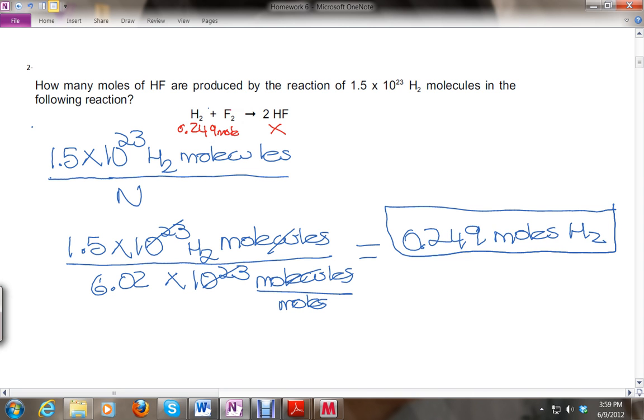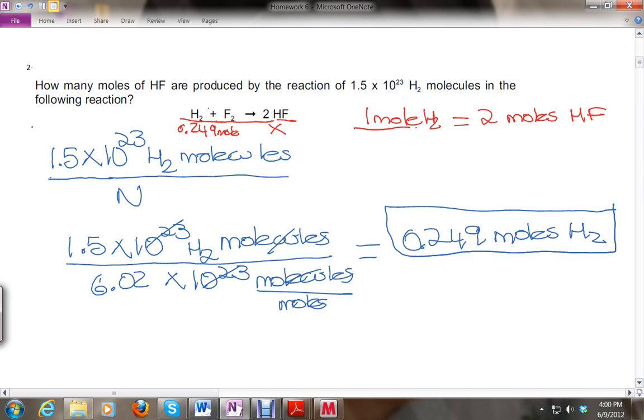This is a 1 and this is a 2. This is the recipe, right? So when you put this over this, you do the cross multiplication. You put the equation on top: 1 mole of hydrogen gives me, according to the recipe, 2 moles of HF, of hydrogen fluoride.